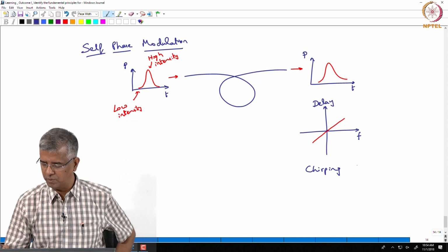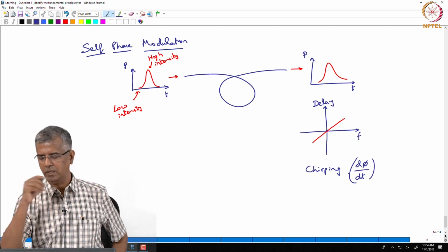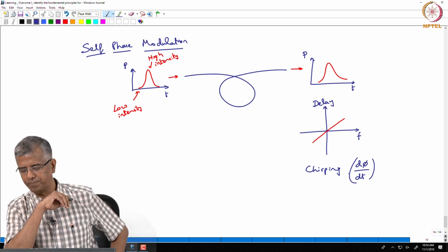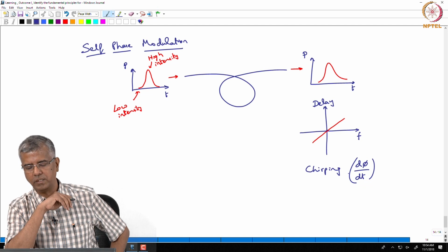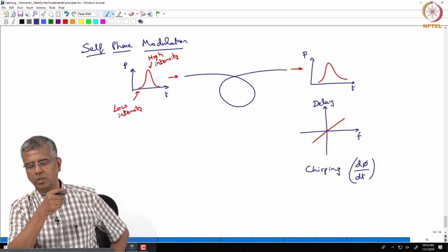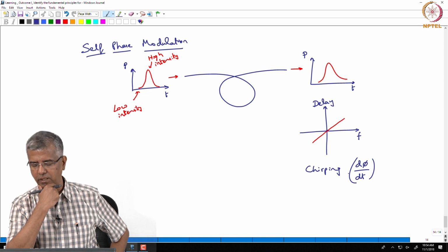In other words, it is basically a d phi over dt term that you get. It is a differential phase that you get with respect to time, okay. So, it is introducing new frequencies, but also that it gets chirped, right. Its different frequencies are delayed with respect to each other.